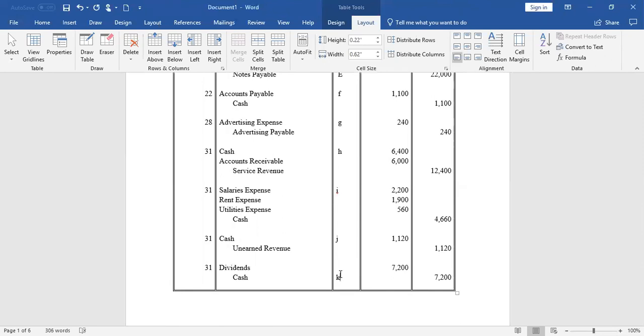They paid cash, so we have to decrease the asset cash, and we do that on the credit side. Now there's no totals here, but I encourage you to always add up the debit side and the credit side to be sure that debits equal credits at this point. Is there any type of question on any of the analysis of this problem so far?